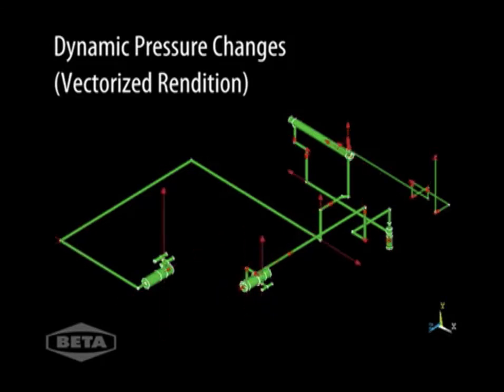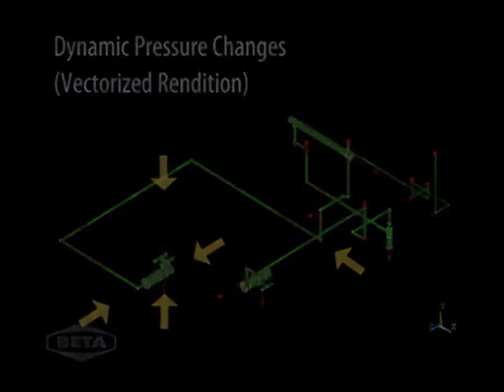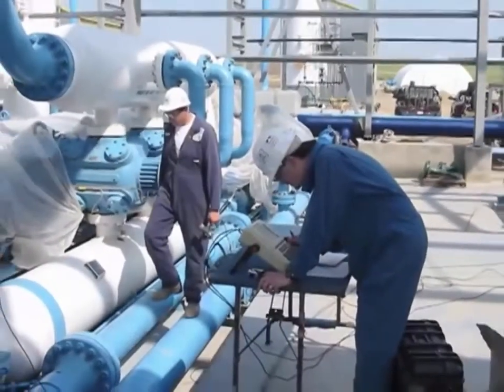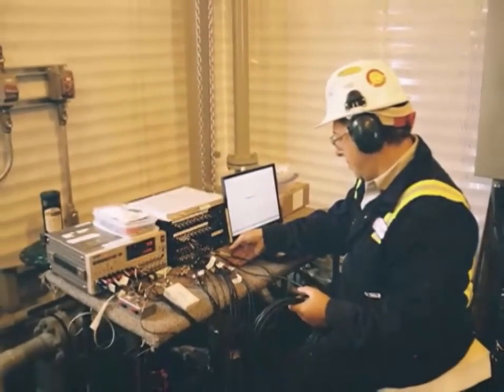The length of the vector represents the magnitude of force at the specific location. You can see that in some areas these forces are excessive and must be controlled. We then evaluate the system and offer recommendations to ensure these unbalanced pulsation forces are controlled and under guideline.